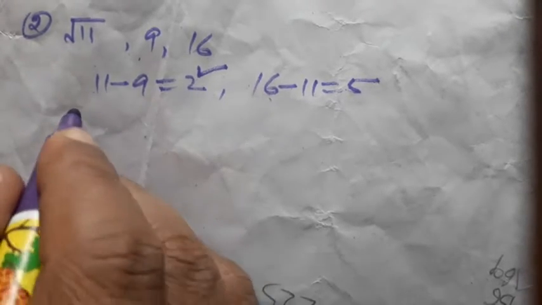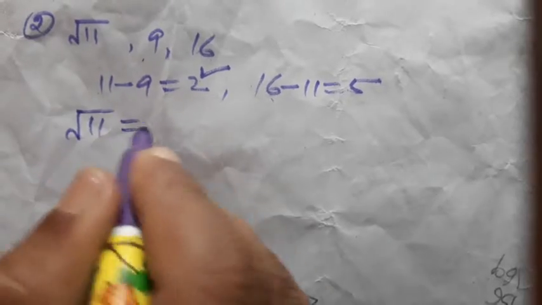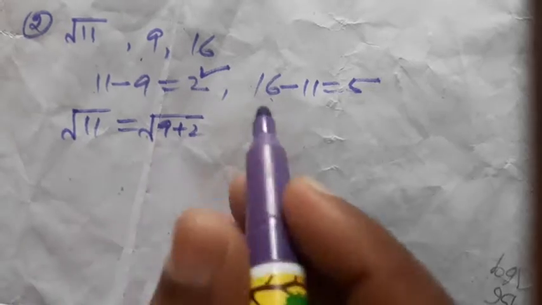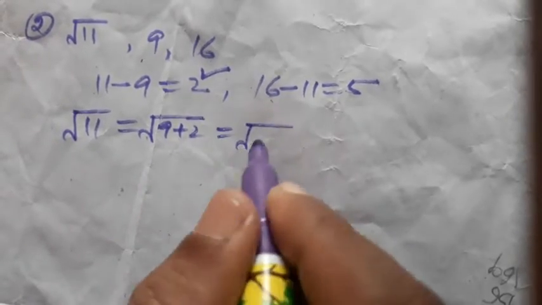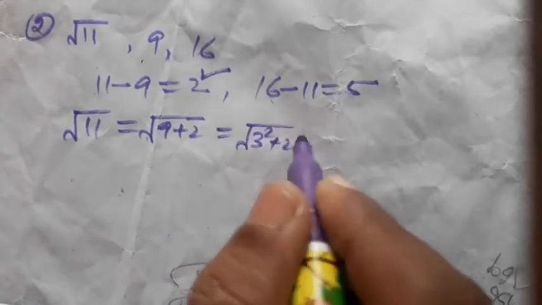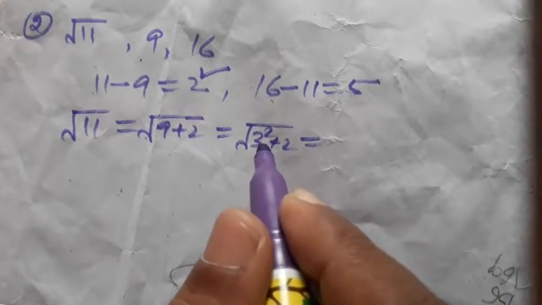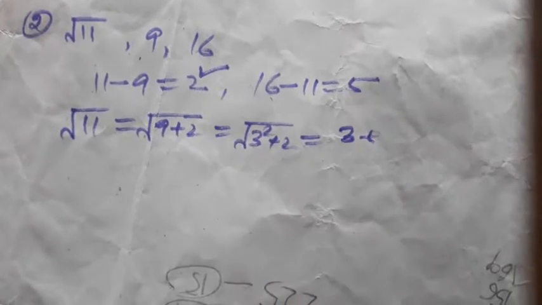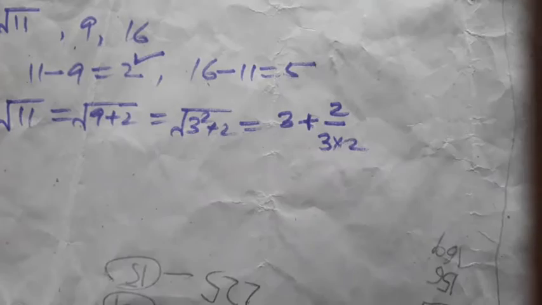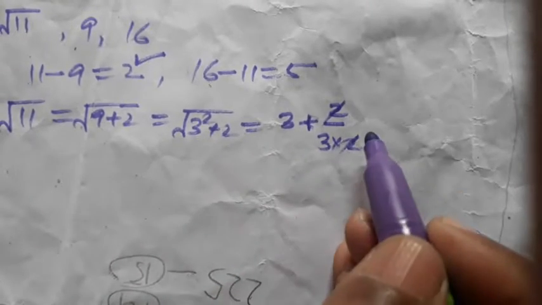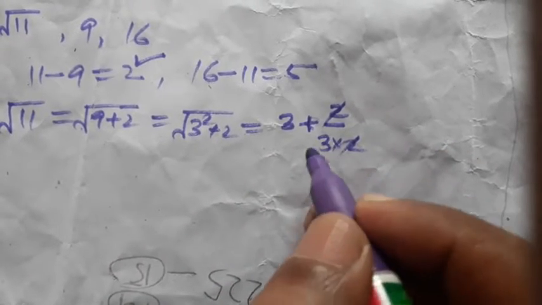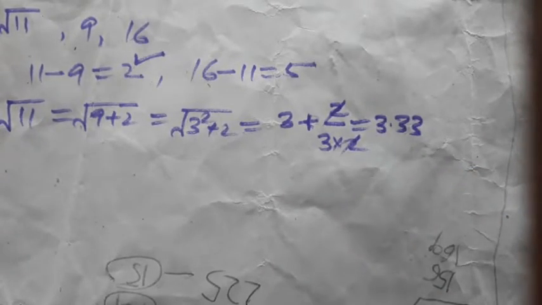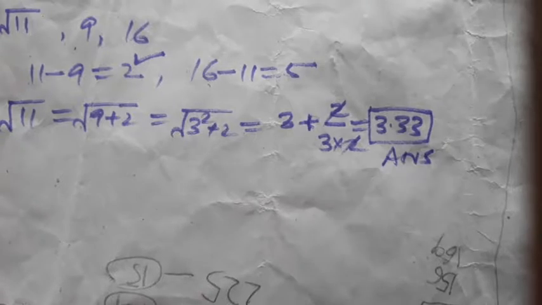We break 11 into two parts, 9 plus 2. 9 is a perfect square, so we write 3 square plus 2. So x is 3, and we write 3 plus 2 upon 3 into 2, which cuts down to 3 plus 1 by 3, that is equal to 3.33. This is the nearest answer.